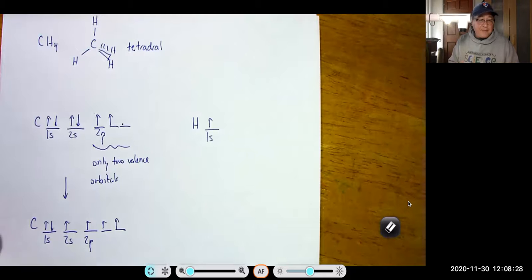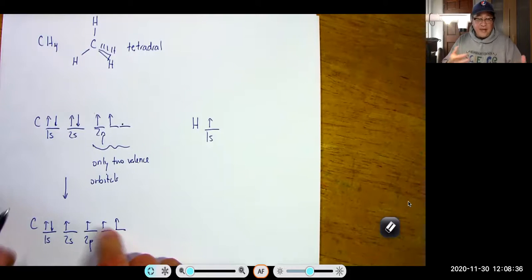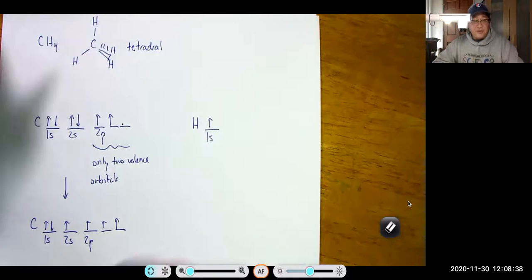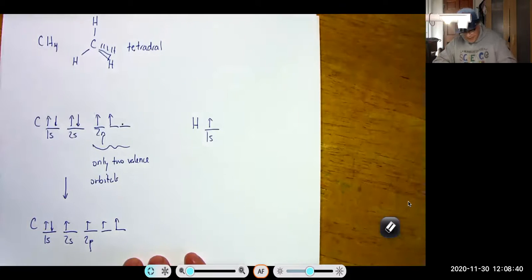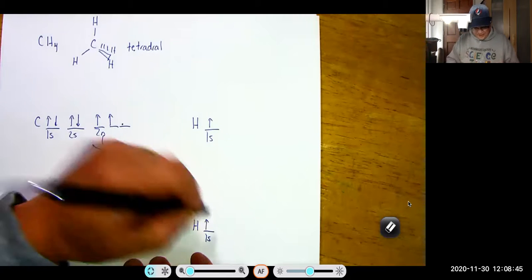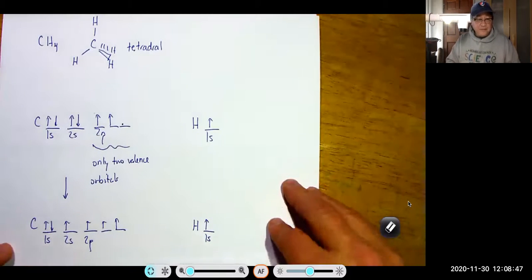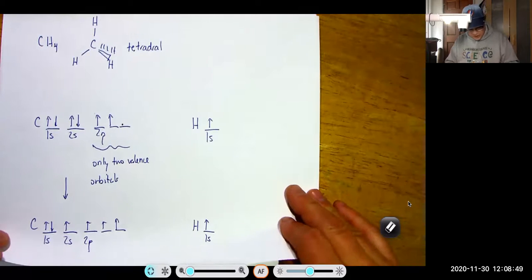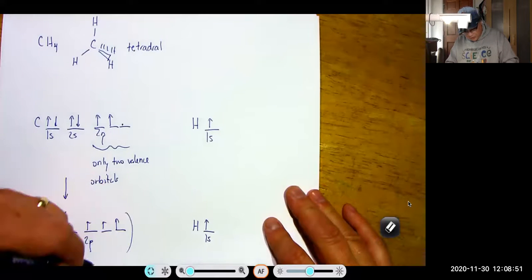And the reason this happens is because when this electron gets put over to here, it costs energy, but when it makes a bond, it releases energy, and the payout is favorable. So this is what happens. And so you have 4 of these hydrogens with a 1s. Now let's take a look at this in more detail and show you why it doesn't work. So these are the valence orbitals.